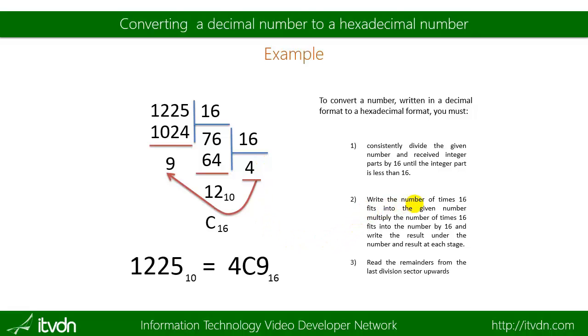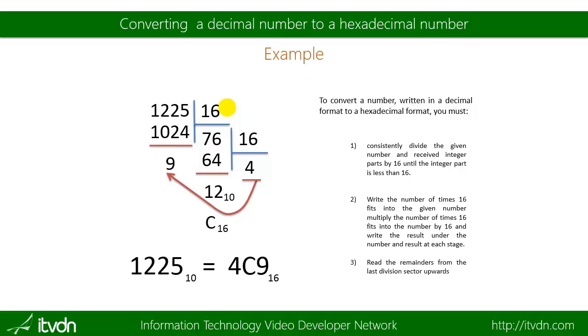So, let me tell you another way you can think of this. Write the number of times 16 fits into the given number, multiply the number of times 16 fits into the number by 16, and write the result under the number and each result at each stage. Basically the same thing. 1225, and we have 16.